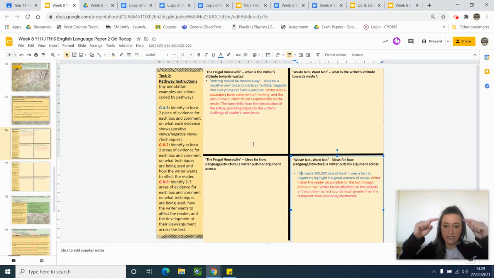So one idea compared to another idea, evidence from text A, evidence from text B. Second idea compared to another idea, evidence from text A, evidence from text B. Third idea, evidence from text A, evidence from text B. You get the picture. You can do that 5 times so that you've got 10 quotations, 5 from each text. That's when you're looking at a 10 out of 10.